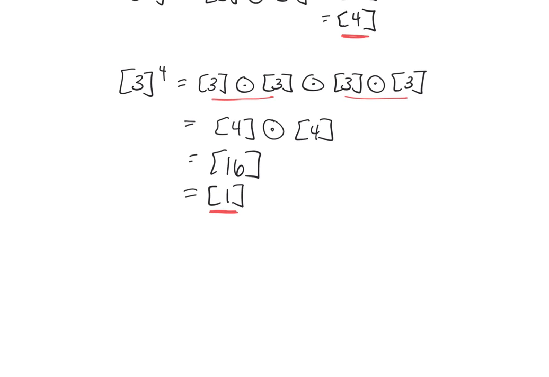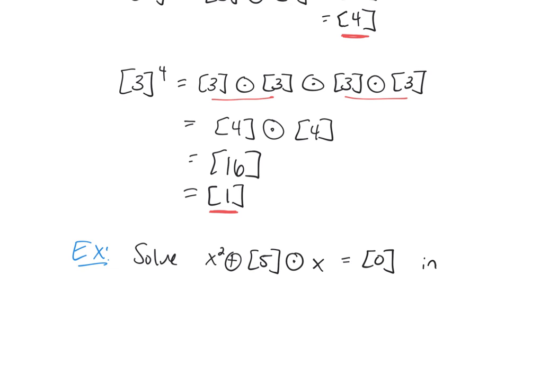So now let's talk about equations. So we're going to look at an example with equations. So let's say we want to solve x squared plus 5 times x equals 0 in Z6.